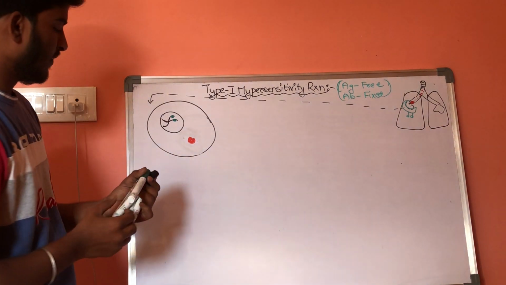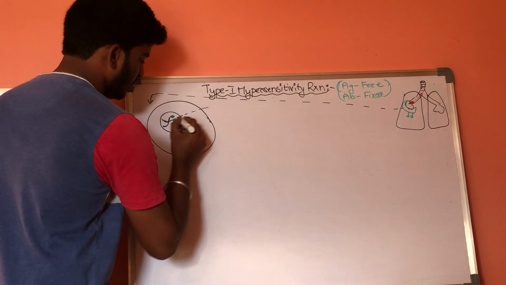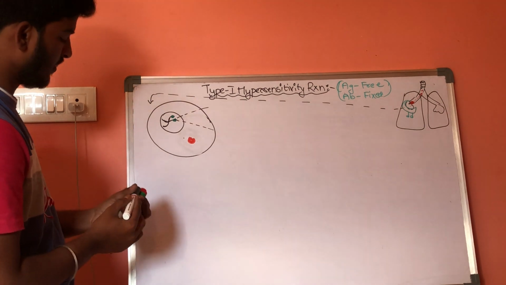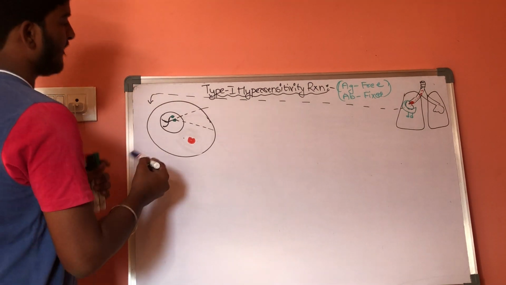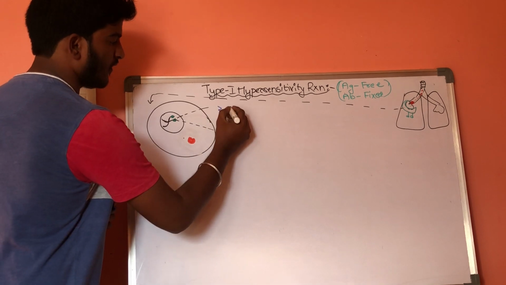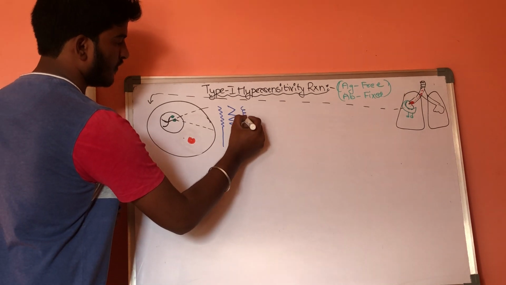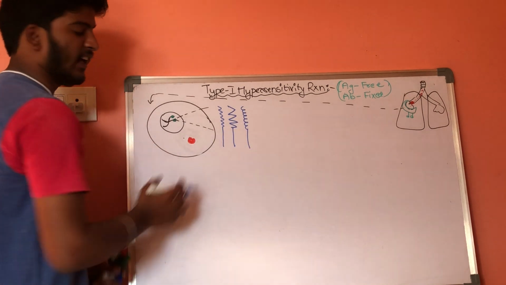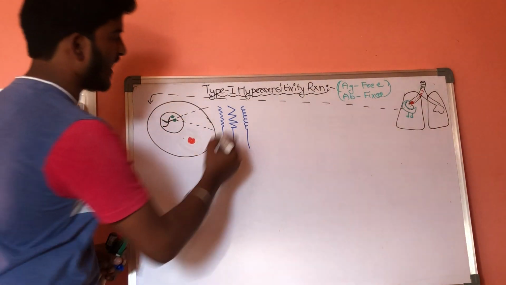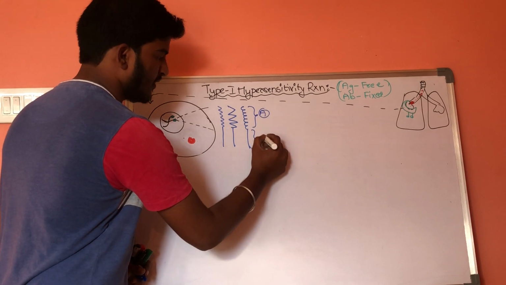Let us draw this bigger. Special genes will get activated. The structure of the gene will be like this. It consists of 2 portions, one is the anterior portion and the other is the posterior portion.